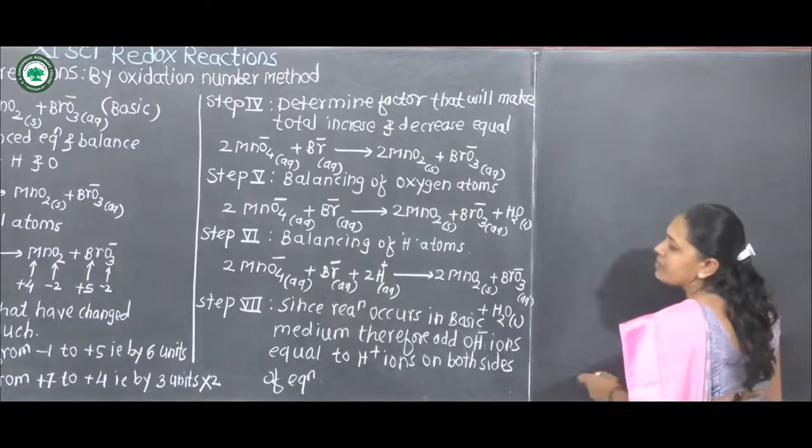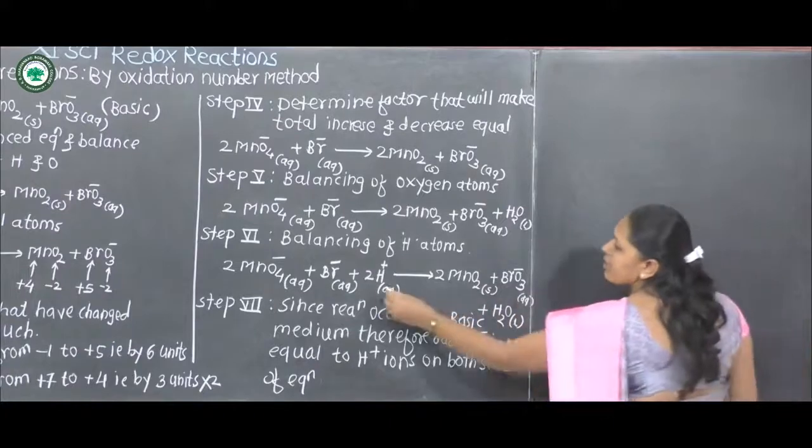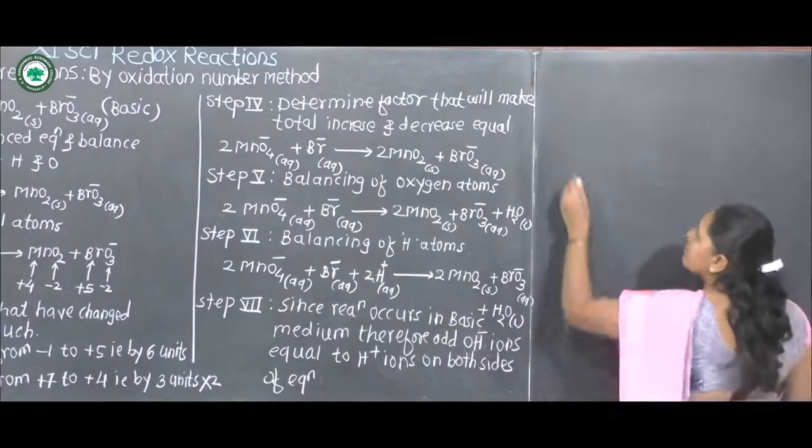Then we have to add 2 OH⁻ ions, because here 2 H⁺ are present in the reaction.